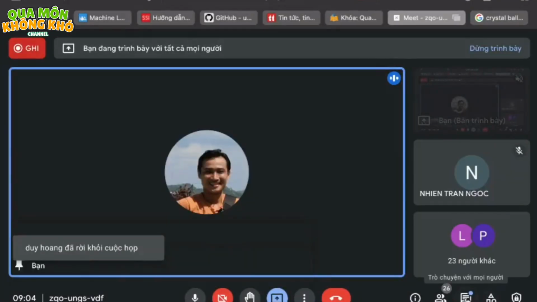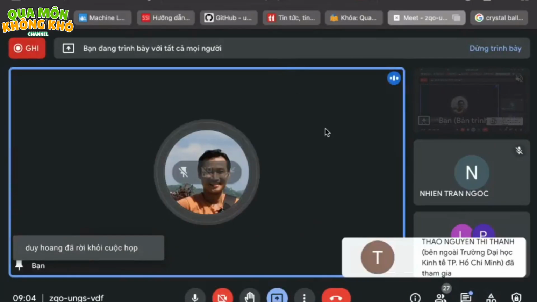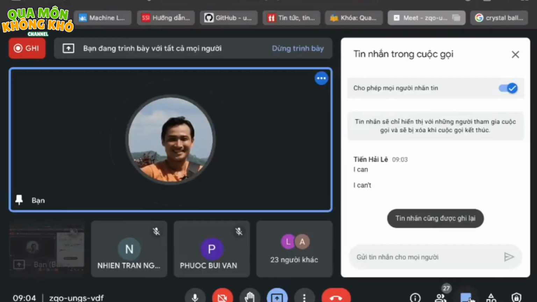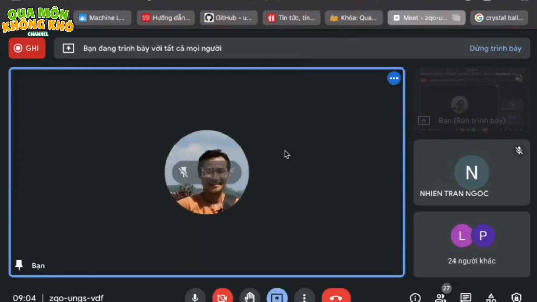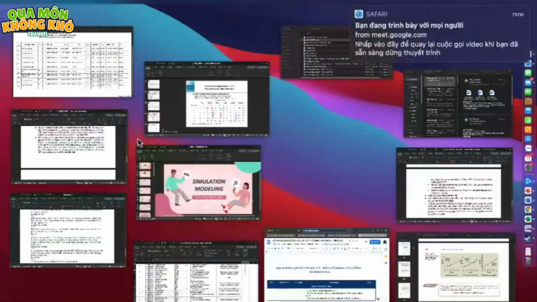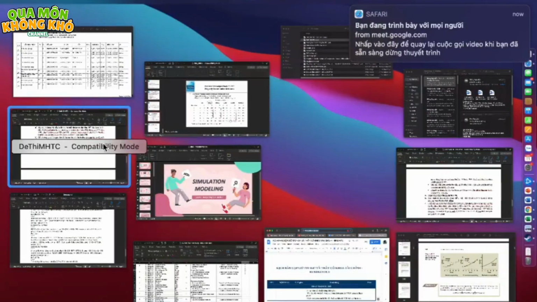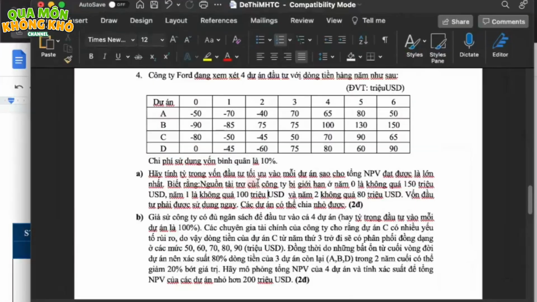Okay, sorry you guys, my connection failed, and I just reconnected. So you can see my screen, and I will show you our example. So this is our example.